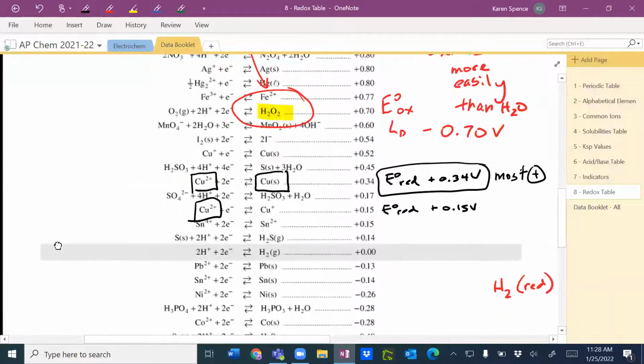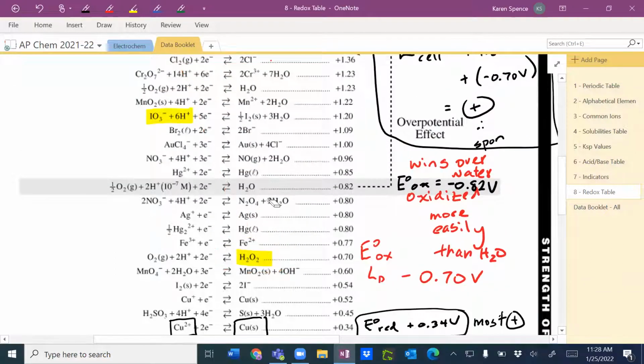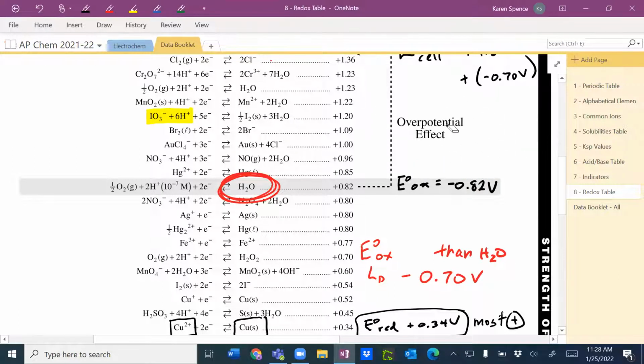Got a booklet. Water being oxidized is up here. This is water. And its oxidation potential, if I just erase this, it'll still be there, is negative 0.82 volts.